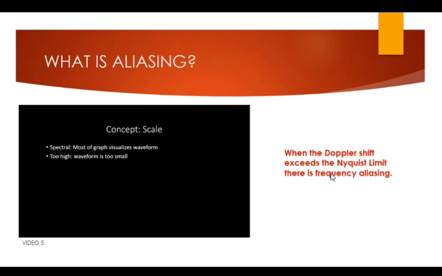So if the scale is too big or too high, then the waveform in comparison is going to look obviously very small. And if the scale is too low or too small, then we can get flow that's literally off the charts or goes above the scale. And that's what causes what we call aliasing or wraparound artifact.